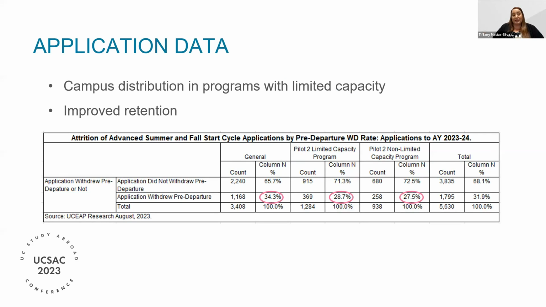With the new first come first serve process, it seems like we're sending roughly the same number of students from each campus as we have in past years, with some campuses sending a few more or a few less, which leads us to believe that no single campus is dominating spots. And over time, we may see those campuses who had fewer spots sending more students than they were able to in the past. We look forward to keeping an eye on this data and analyzing it further as the years go on.